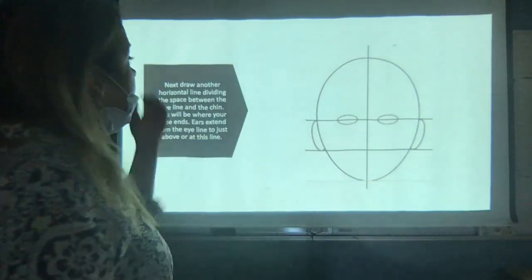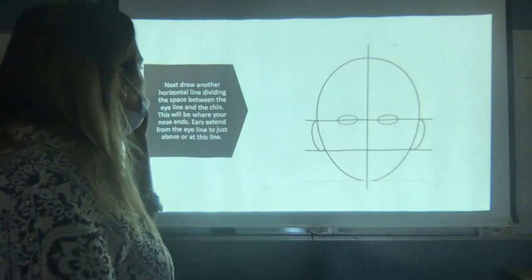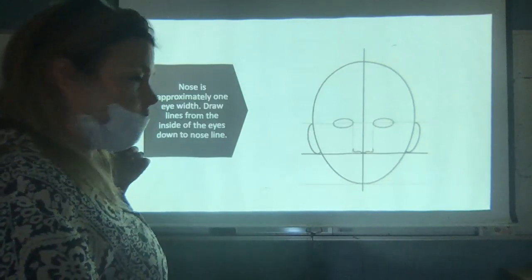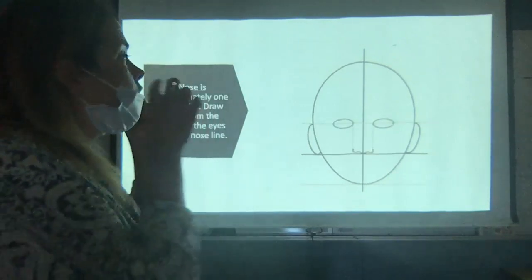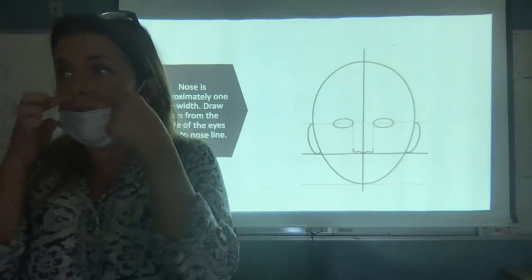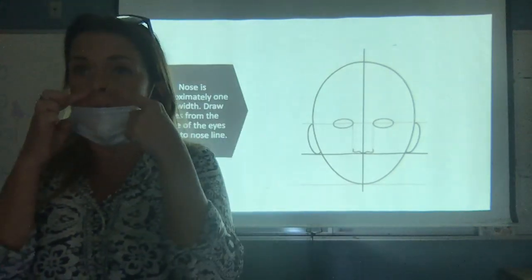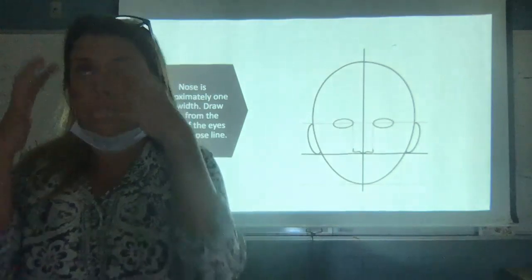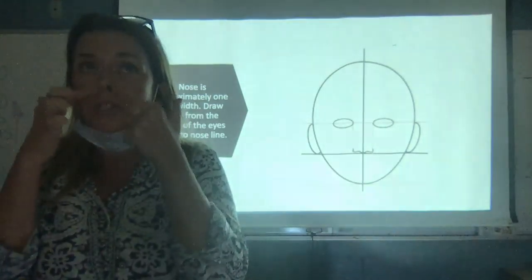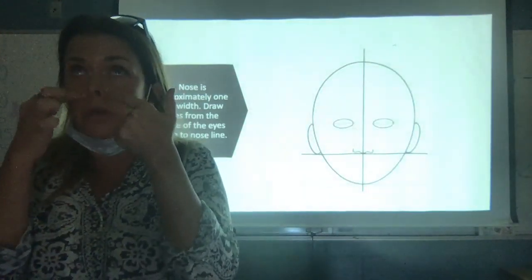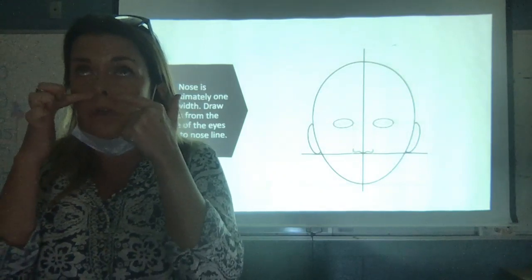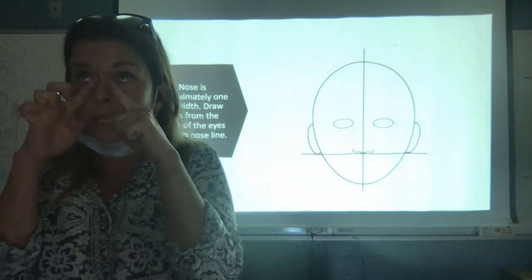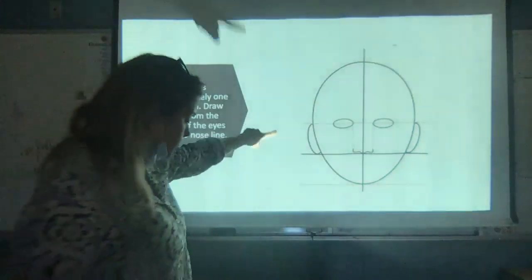This is where the end of your nose is going to extend. Now, your nostrils, this is how crazy your face is, the little curvy parts of your nose end exactly where your eyes start.